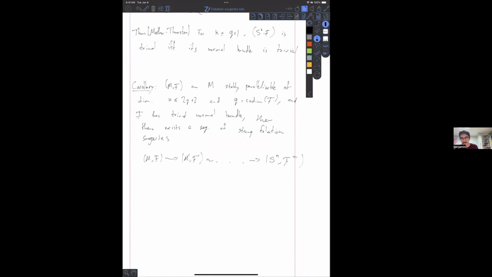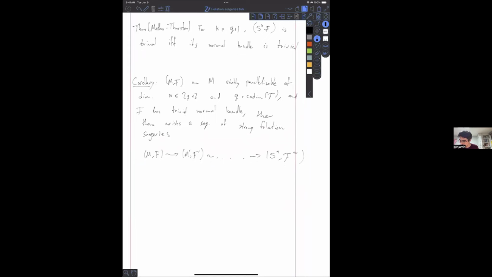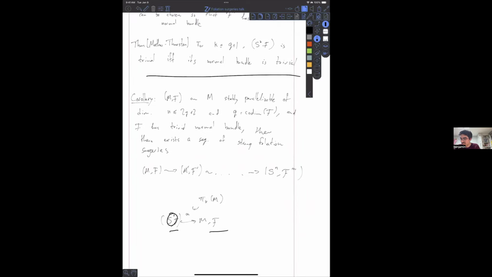Is it clear what I'm saying so far? So you have some S^k into M, some element of the k-th homotopy group that you want to kill. You first of all can kill this by a surgery, and then furthermore, because this has trivial normal bundle, the pullback foliation has trivial normal bundle, and so by Mather-Thurston, it's in the trivial concordance class.